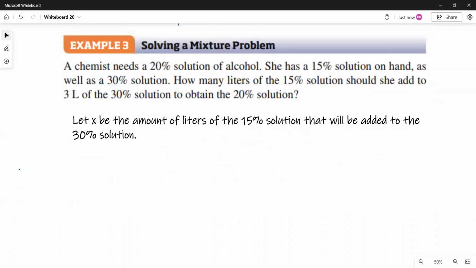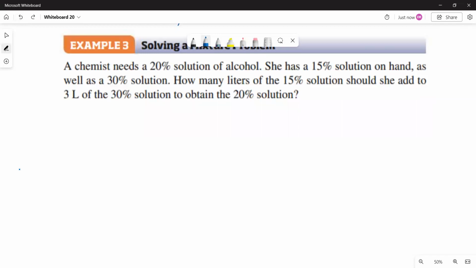We have the strength of the solution, that is the percent of concentration.